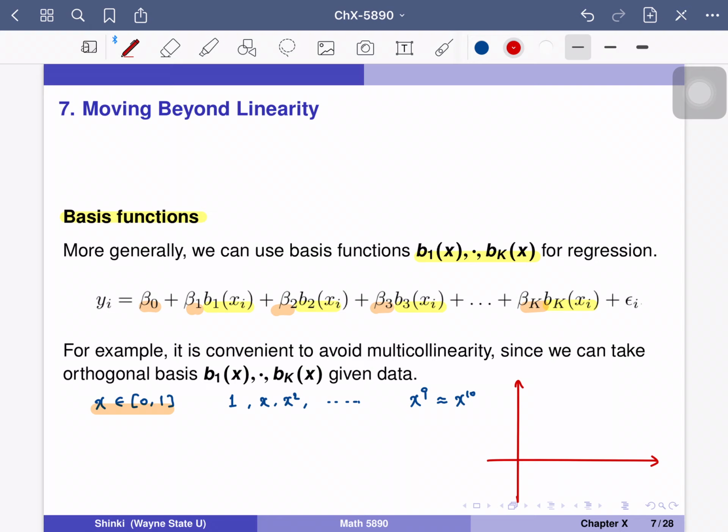If one basis b1 of x is some sine curve, and b2 of x is a sine curve with higher frequency, then b1 and b2 are totally different functions, and in fact, in this case, an orthogonal basis. So this basis function approach is more convenient to avoid multi-collinearity compared to polynomial regression.